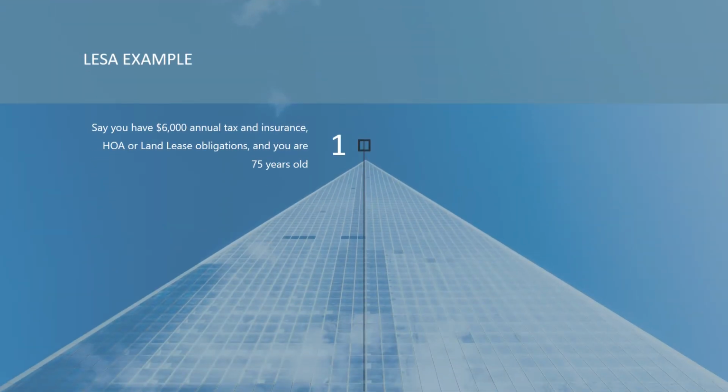So what is a LESA? Let's take an example. Say you have $6,000 annual tax and insurance, homeowner association dues, land lease obligations, and the rest, and that you're 75 years old. We would add 20% or an extra $1,200 for inflation.